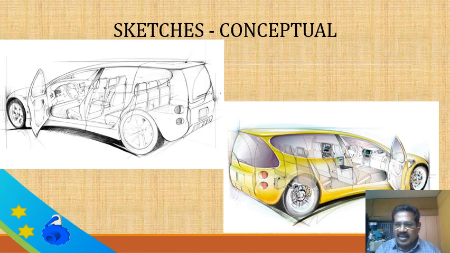The sketches do not have dimensions. They are not too specific, but they are proportionate. The sketches have to be converted into a detailed drawing by the designer. So sketches are basically the ideas and thoughts of a designer as to how the product will shape up.